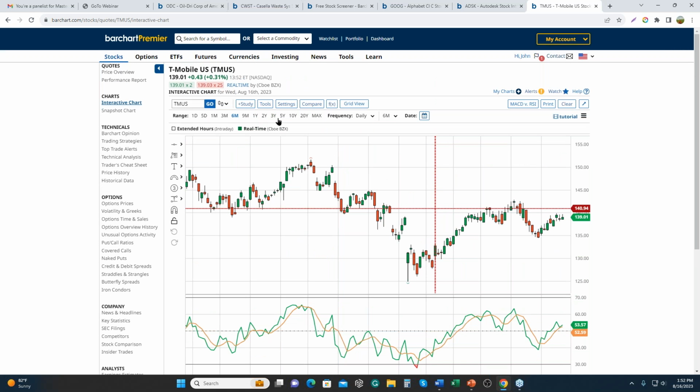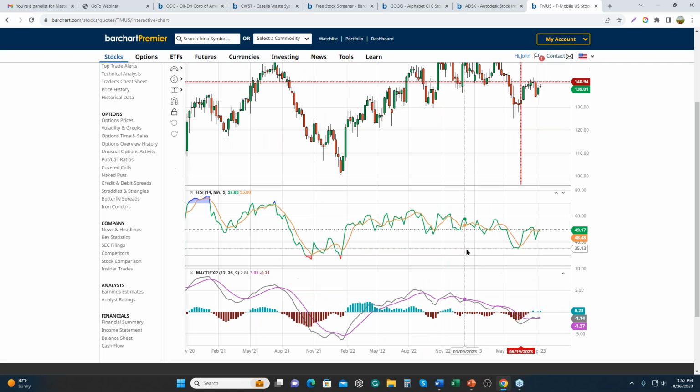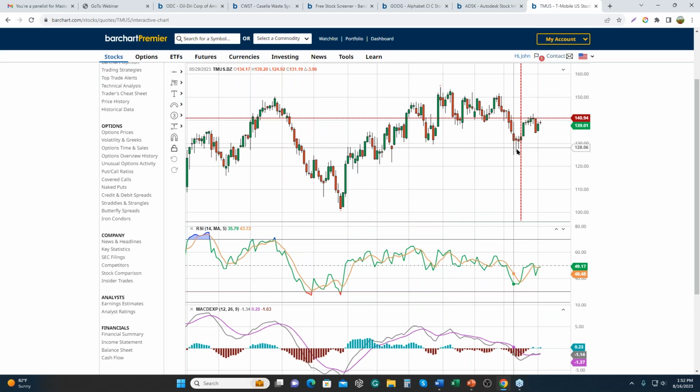Now let's look at this from our higher time frame perspective. Again, where did we see that change of character on our RSI? That's where we held that 40, right? We've been in an uptrend, we've gone sideways for a while, and now what are we waiting for? Well, I'm waiting for the RSI to get above 50.